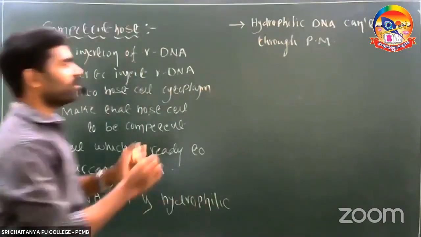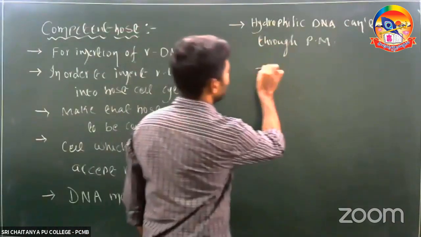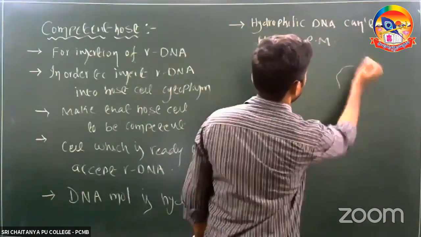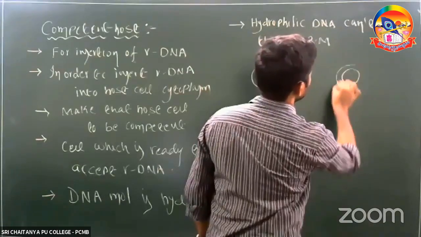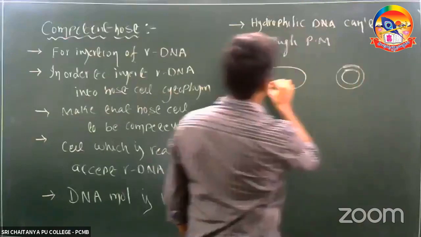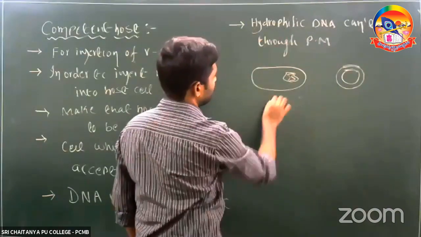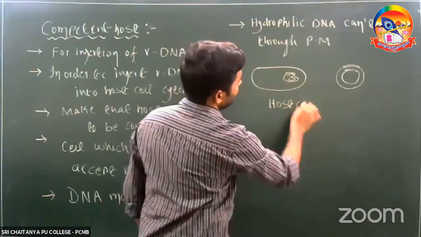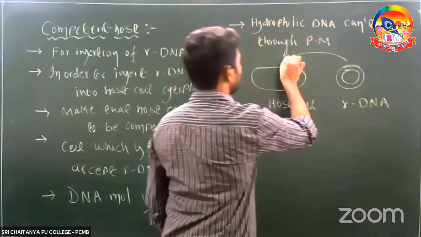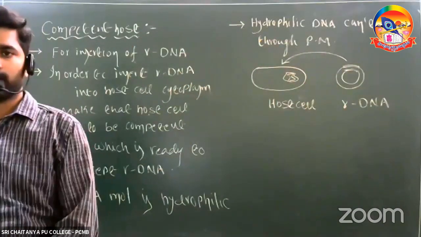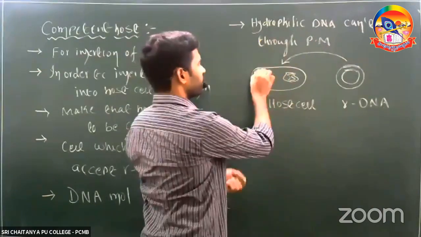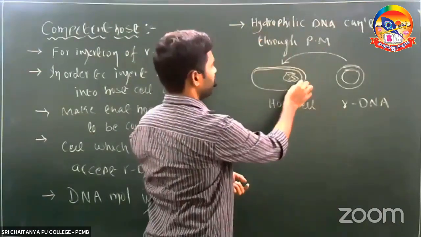So now tell me, how is the rDNA molecule inserted into the host cell cytoplasm? For example, this is the host cell, and this is the rDNA molecule. We need to insert that rDNA molecule into the host cell cytoplasm. But in general, the rDNA molecule cannot pass through the plasma membrane of the bacterial cell.